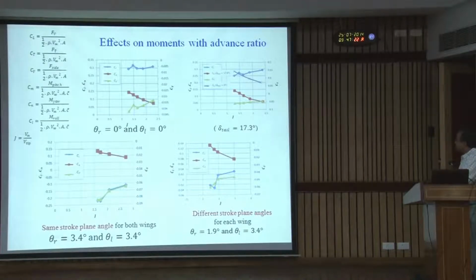This is 0 degree, and then the tail has an angle of 17.3 degree. At 0 degree it would have been somewhere here, at 17.3 it is somewhere here. Now when the stroke plane is symmetric, both theta r and theta L at 3.4 degree, this is what you observe. When we change it to asymmetric, you can see that if you change this from negative to this, the moment coefficient changes quite a bit.